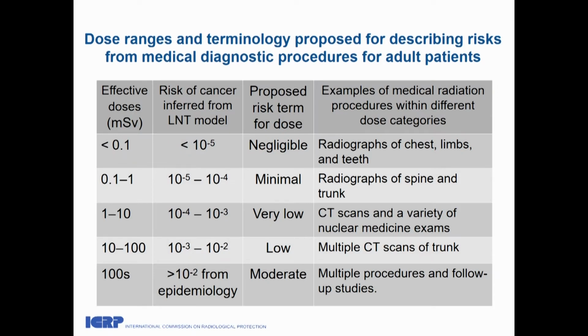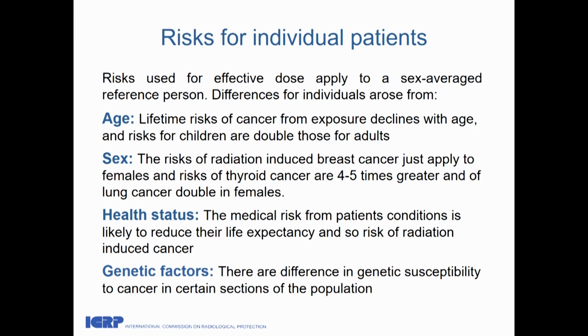And so these are the terms that we propose for the different dose ranges: negligible, minimal, very low, low, and moderate. So a CT scan would normally be in the very low. A radiograph of the spine might be in the minimal risk section. But the risk for individual patients used for effective dose apply to a sex average reference person.